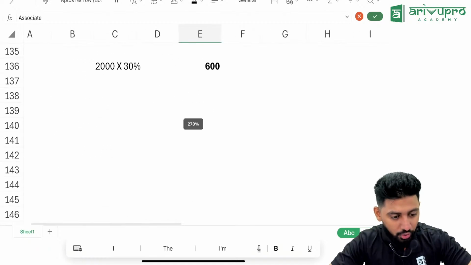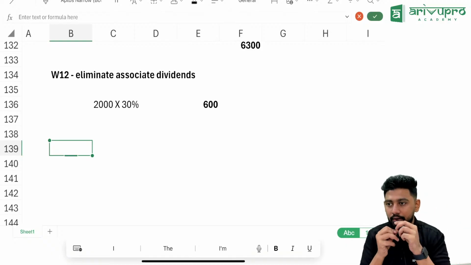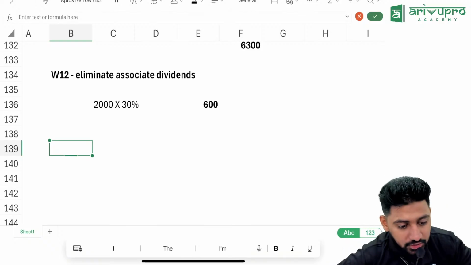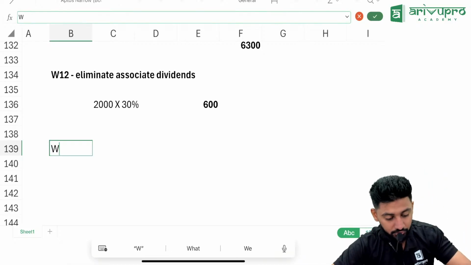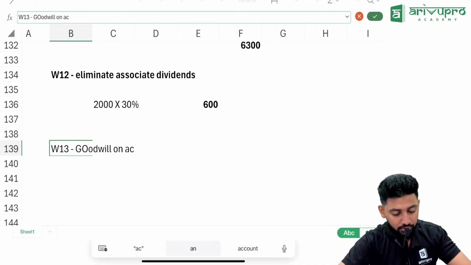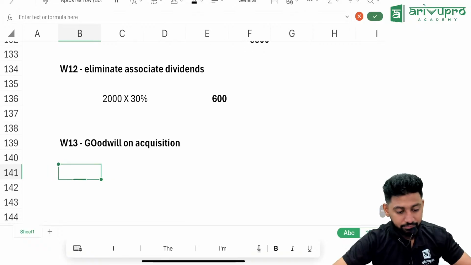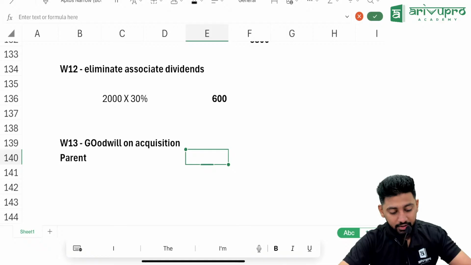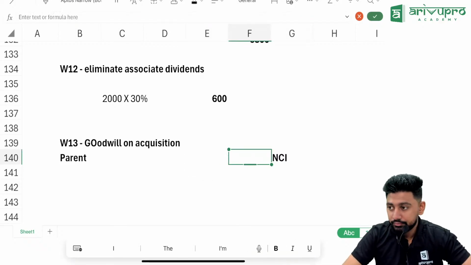Now that I'm done with all my workings, I will not look into my notes again. Next, what is my calculation? I'll have my goodwill calculation. Working number 13, goodwill on acquisition. To calculate goodwill on acquisition, number 1, I have parent's goodwill, and I have ACCA goodwill. Correct? Are you clear?